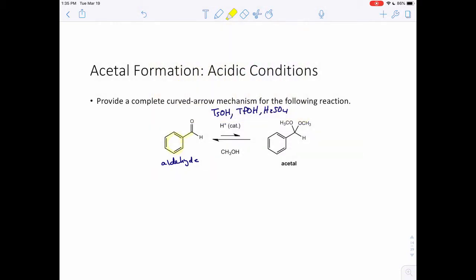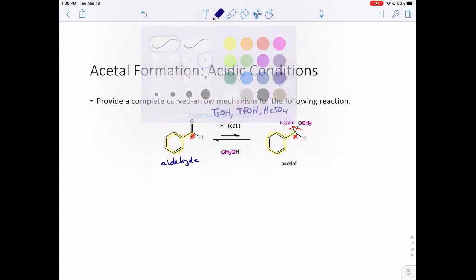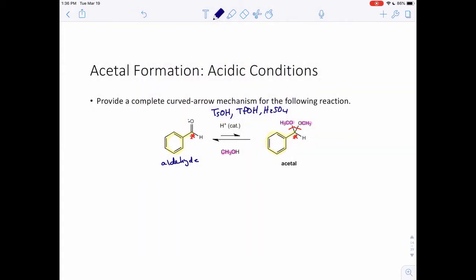So we can see here are the carbons from the aldehyde. And then what have we done? We've made some carbon-oxygen bonds. This is the aldehyde carbonyl carbon. Where did those methoxys come from? Well, they came from methanol. So you should pause and see if you can draw this mechanism first.